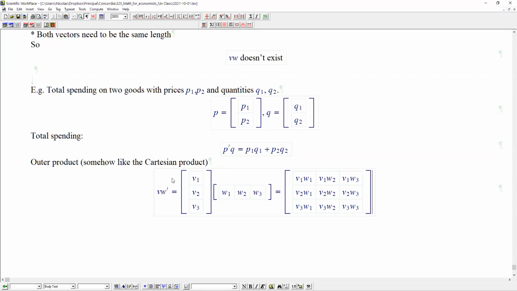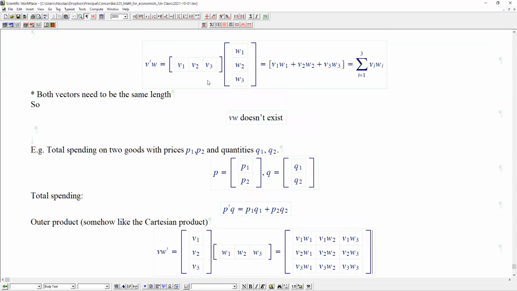And if you think about it, it's coherent with the last thing we've said. The last thing we said is that I multiply all the elements of the first row with all the elements of the first column, and I do the sum. Here my first row has a single element, V1, and I multiply it with all the elements of the first column, which has a single element, W1.